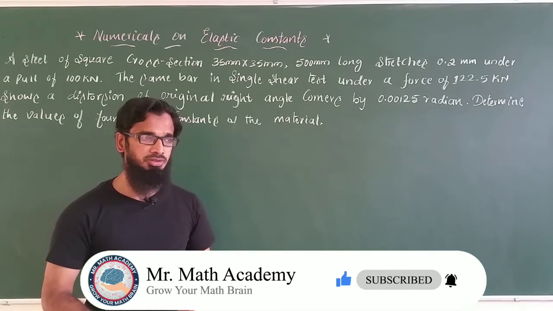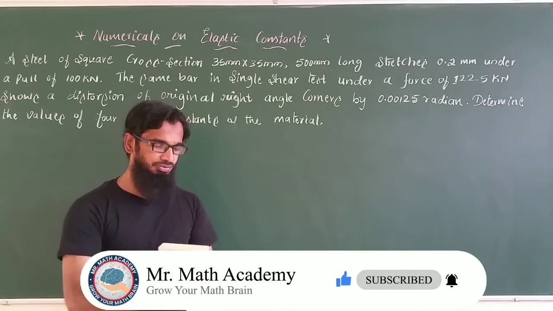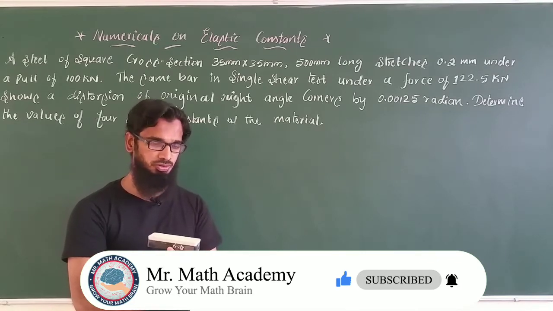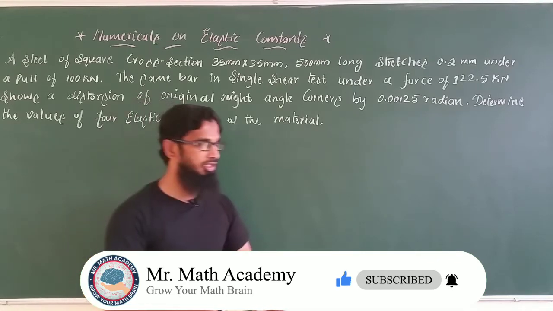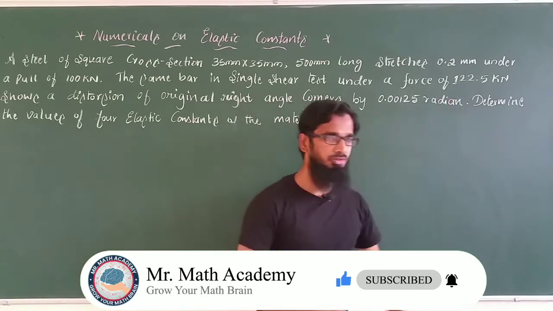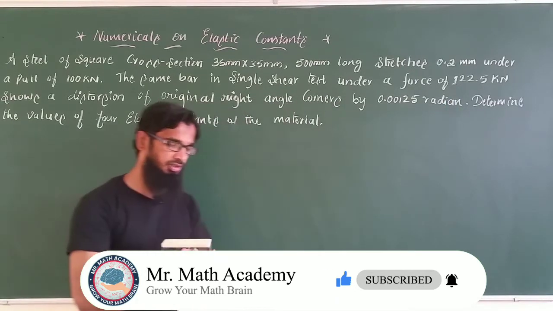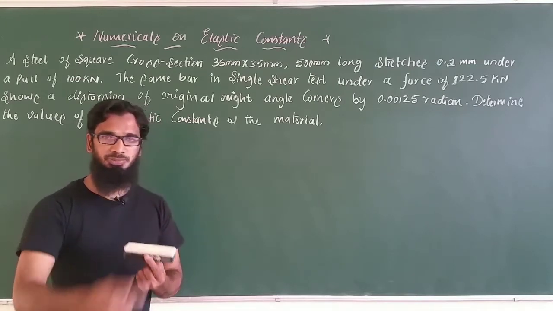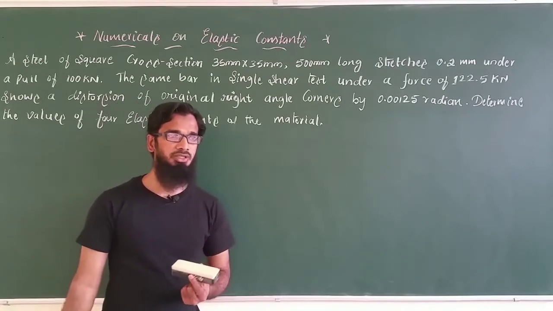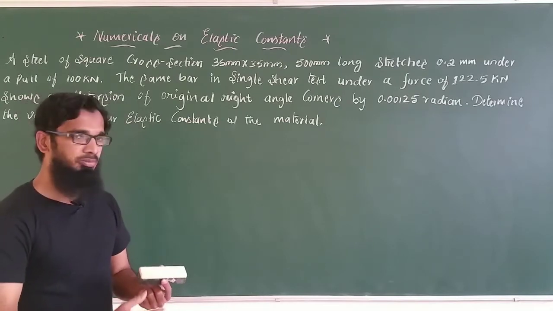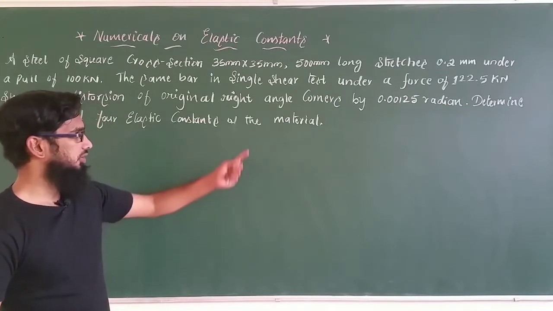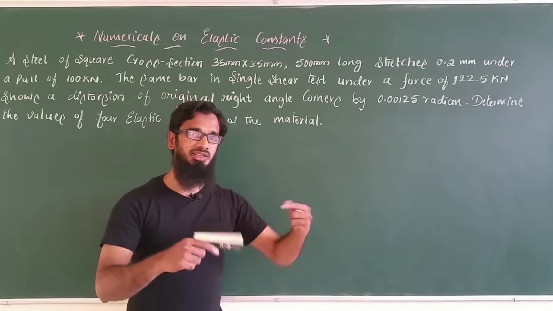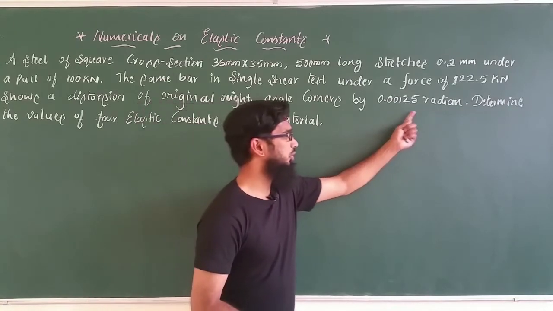In the same case, he has applied a load of 122.5 kilonewton at right angles to this, in this direction. So a tangential load is applied. The member will then distort, meaning the corners deflect by 0.00125 radians.